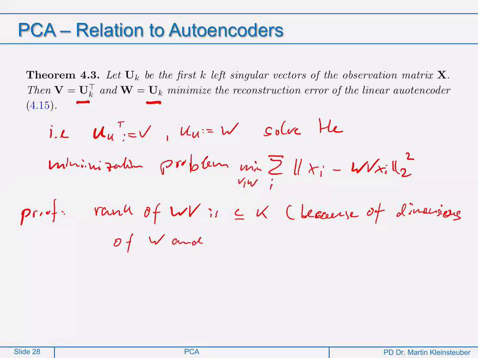Of W and V. And so that means that these vectors here all lie in a k-dimensional subspace.